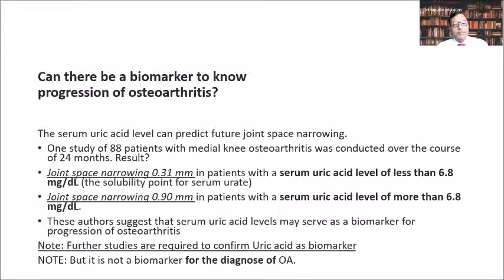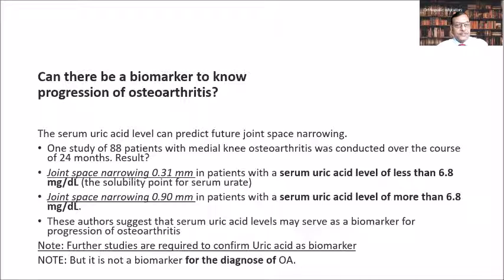They found that in people with serum uric acid level less than 6.8 milligram per deciliter, joint space narrowing was 0.31 millimeter, whereas in people with serum uric acid level more than 6.8 milligram per deciliter, joint space narrowing was almost 3 times that, about 0.90 millimeter.